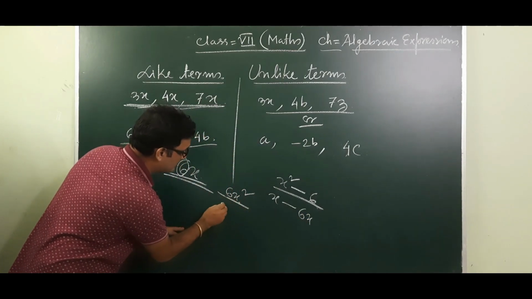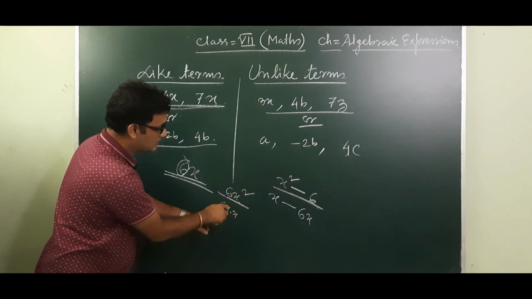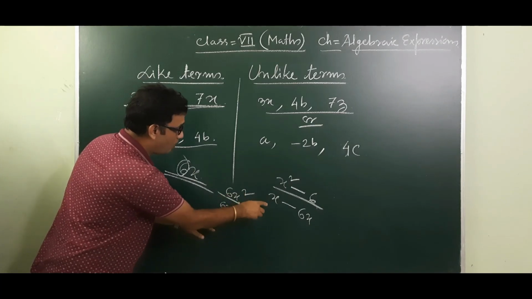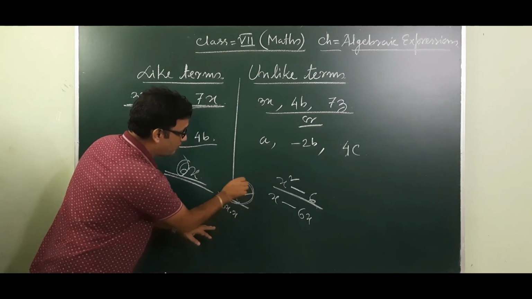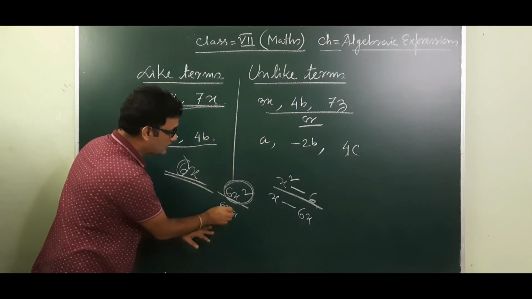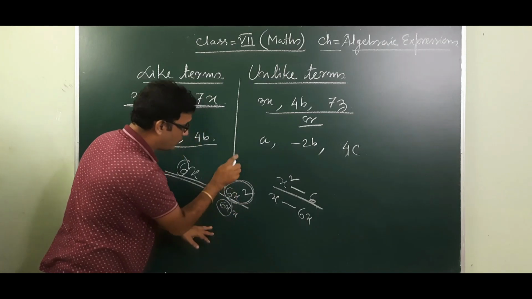Because 6x square is there, that means 6x into x, x into x means x square. That means from this question, if I ask you what is the coefficient of x, your answer will be 6x. But if I ask you what is the coefficient of x square, your answer will be 6.